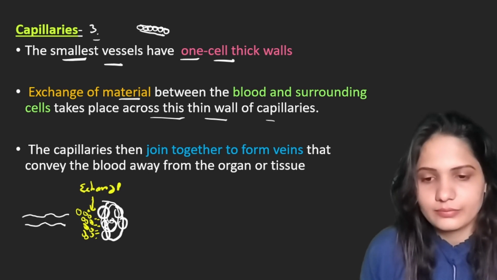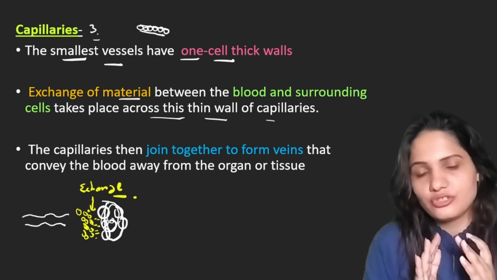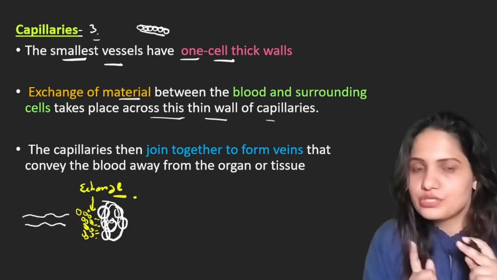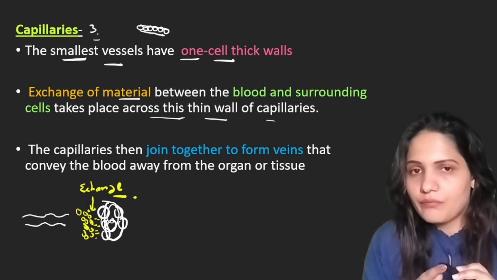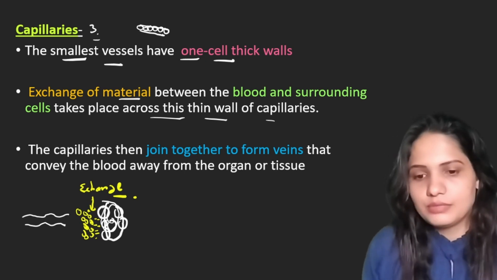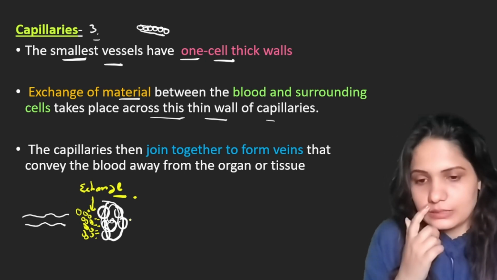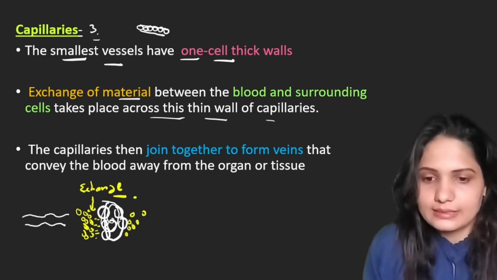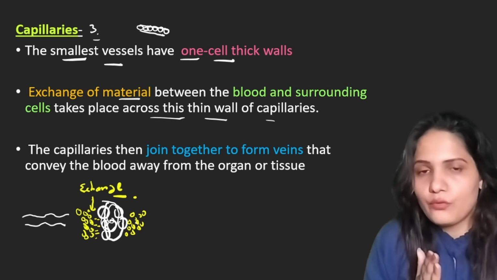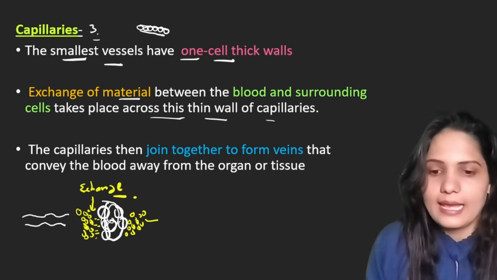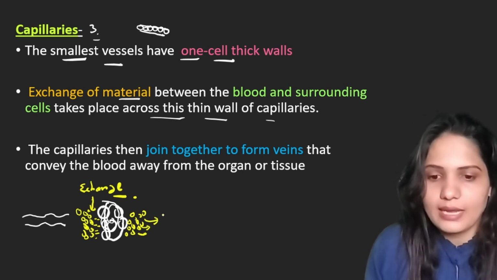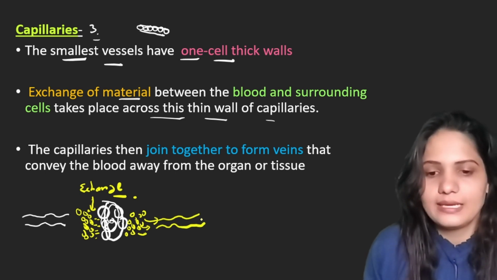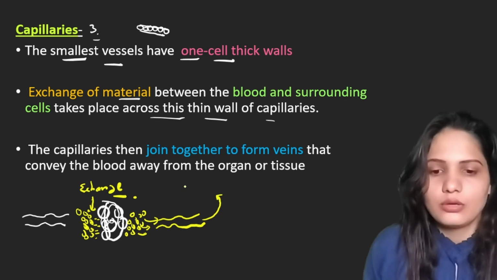Once the cell has taken up all the required material from the arterial blood, the oxygenated, pure blood, with the help of capillary walls, this blood moves out of the tissue, and here we have again the capillaries. Then the used, impure blood from the body organ will exit with the help of capillaries, and these capillaries will join to form a vein, and this vein goes back to the heart.